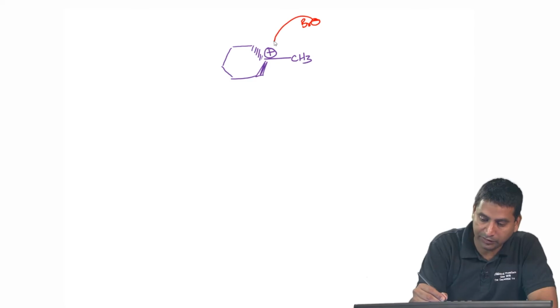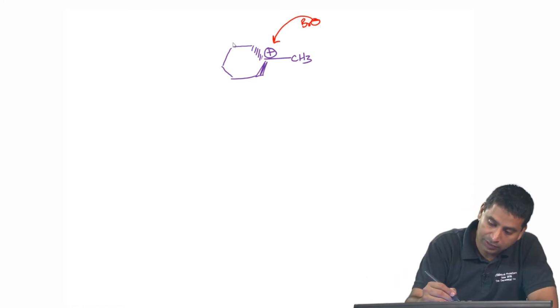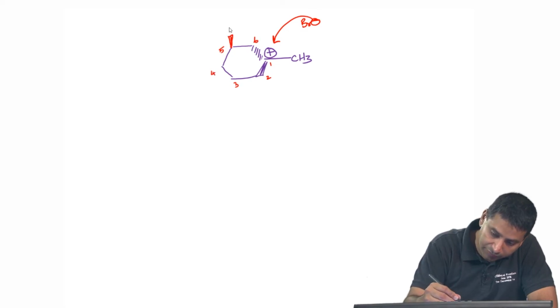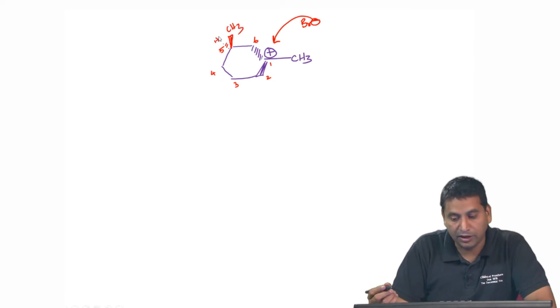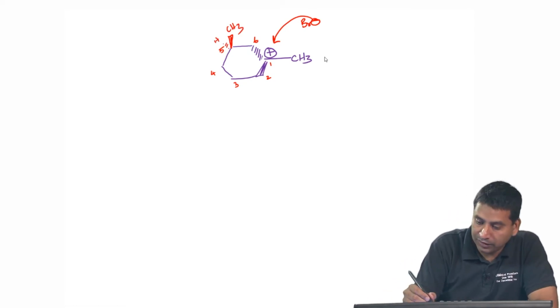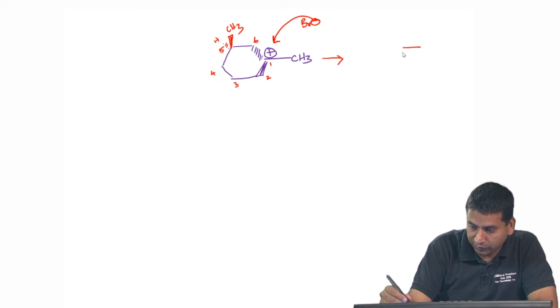So, if the Br minus attacks from the top, I am going to renumber the carbons 1, 2, 3, 4, 5 and 6, and carbon 5 is where my methyl group is. Okay. And if the Br minus attacks from the top, I would end up with a structure that looks like this.